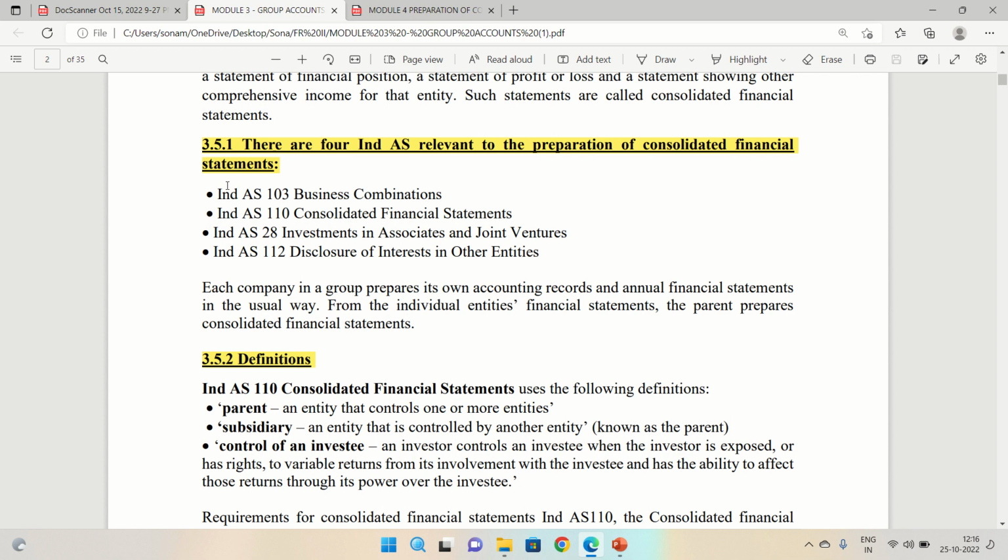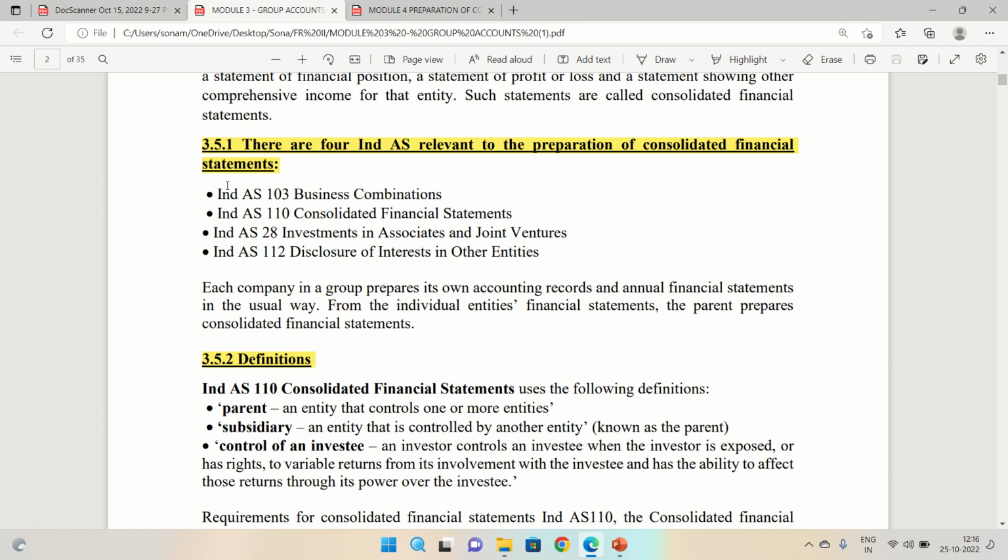Now coming to the preparation of a consolidated financial statement, just the basic ideas behind the preparation. There are four Ind AS that are relevant to the preparation of consolidated financial statements, of which Ind AS 110 will be discussed in detail for our purpose.